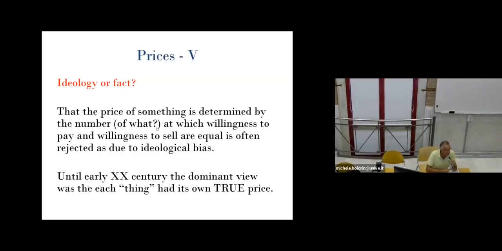Before that, and for a long time, and we will talk a lot more about this on Tuesday, in this way you will have time to read some stuff during the weekend that I'll suggest you read. For a long time, people who interrogated themselves about prices thought that there was the true price of things, the correct price, or in some variation, even the just price.